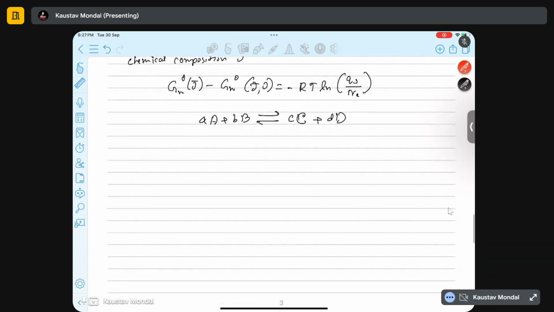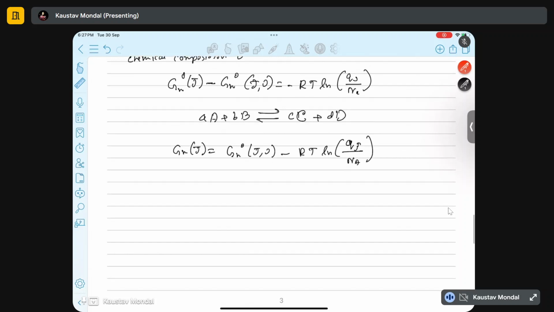So Gm,J you can write as Gm,J at 0 minus RT ln Qj by N. Right. Now delta G is simply c times Gm,C plus d times Gm,D minus a times Gm,A minus b times Gm,B.